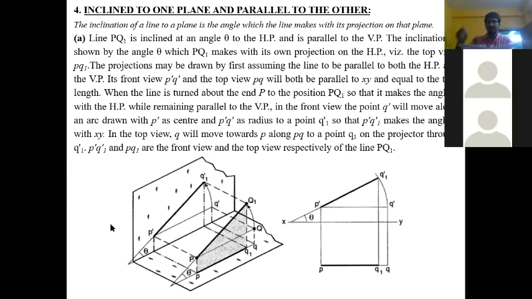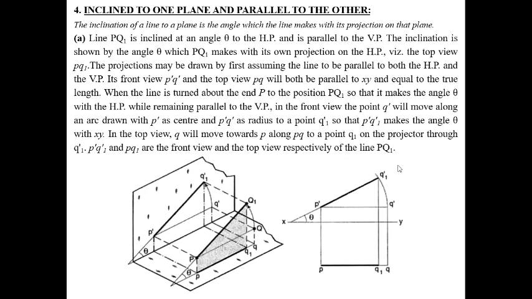Now you see, suppose this is the HP and this is the vertical plane. The line is parallel to the VP and inclined at theta with the HP. So first we draw the angle theta, and first we draw the front view, P dash and Q1 dash.